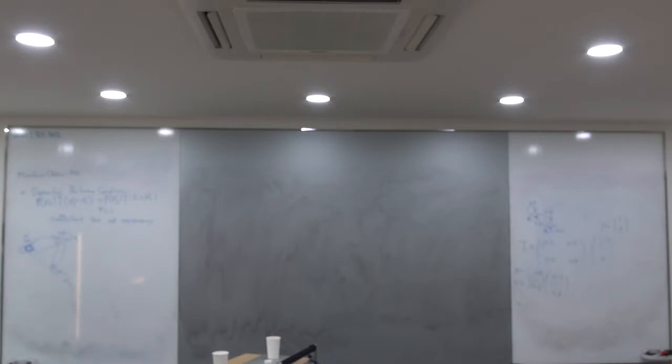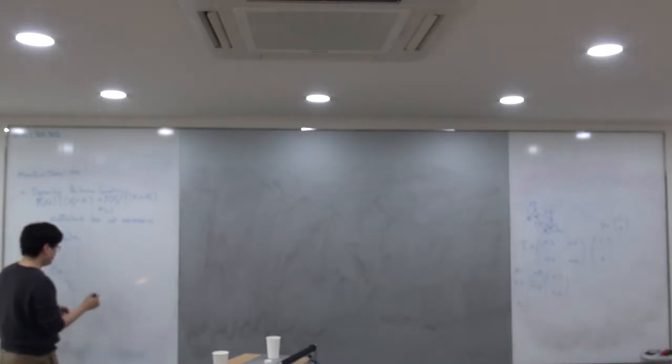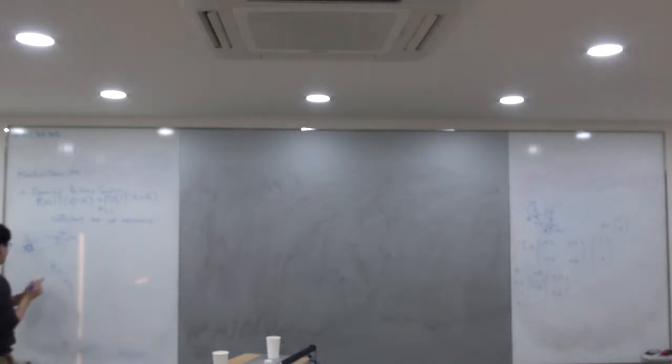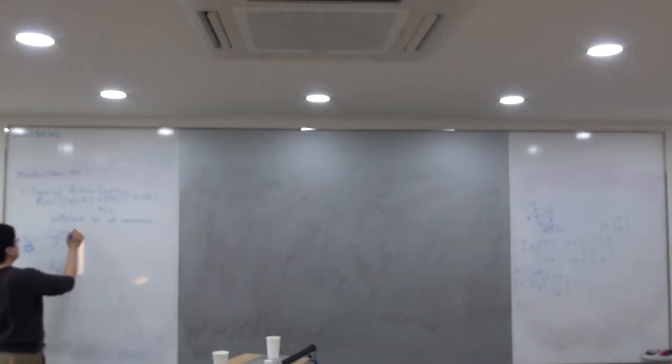So the probability density is not going to change. This is actually the condition for the steady state, and that steady state is the original distribution we want to get. We can prove this one.